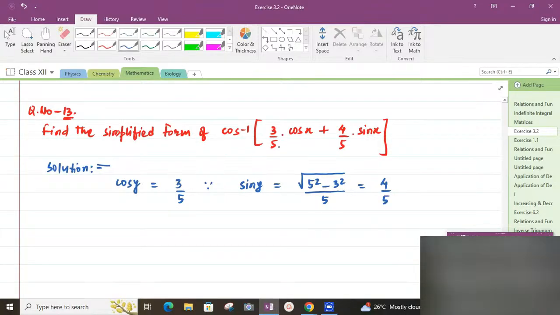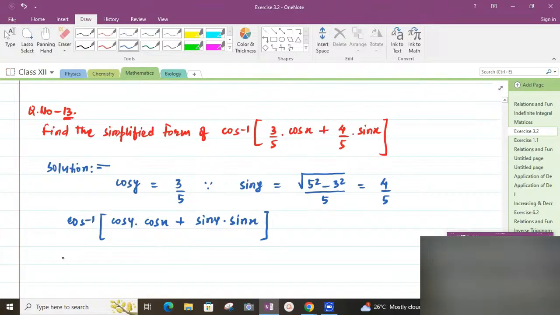So the form of this question will be cos inverse, and for 3 by 5 we write cos y and cos x, plus the value of 4 by 5 equal to sin y, we write sin y into sin x.